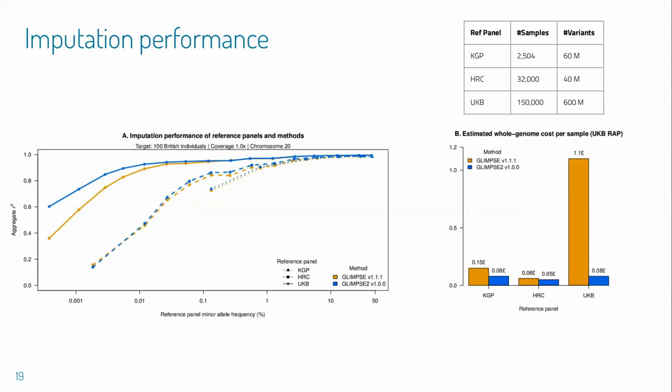This has to be a fraction of the cost that we will pay for the sequencing. So this is using the UK Biobank RAP, and given also the fact that we use this reference panel representation, we are able to go to much smaller instances, so to keep the memory very compact.